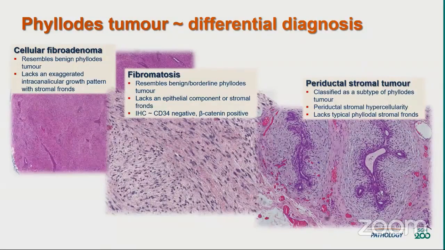The periductal stromal tumor is now classified as a subtype of phyllodes tumor and therefore, in terms of differential diagnosis, may not be so critical. Morphologically, it shows periductal stromal hypercellularity without the typical phylloidal stromal fronds.